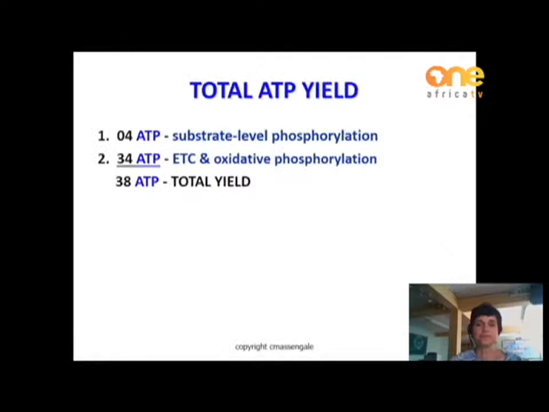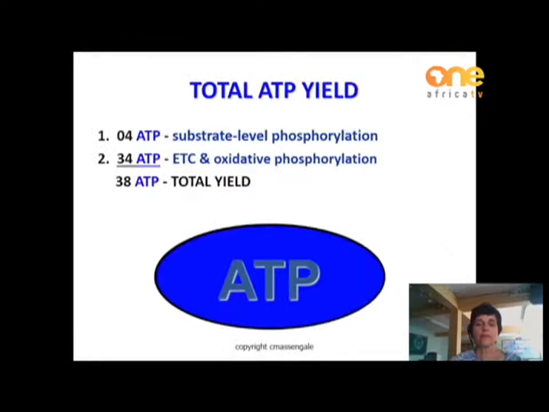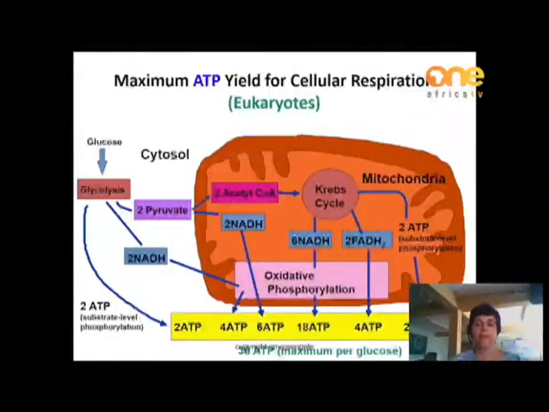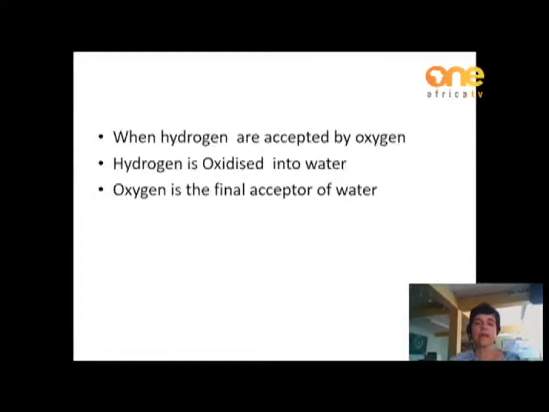process. So eventually there are about 38 ATP molecules formed during the process of respiration. And this slide only shows us what is taking place.